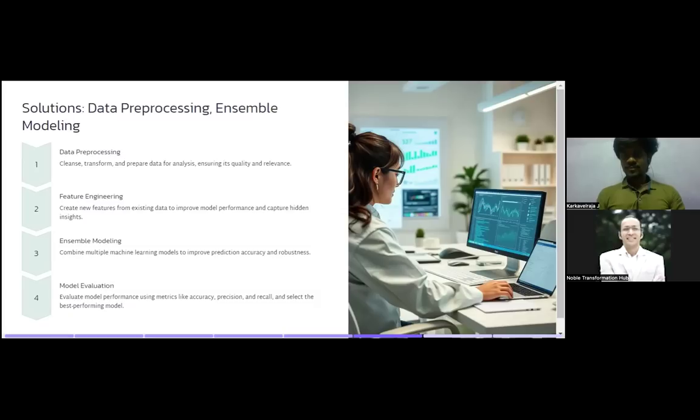Yes. So this is the solution for the challenges we discussed previously. Data pre-processing means going to ground zero again and starting pre-processing with whatever methods are there, which is cleaning, transforming, and preparing data for analysis, ensuring its quality and relevance.